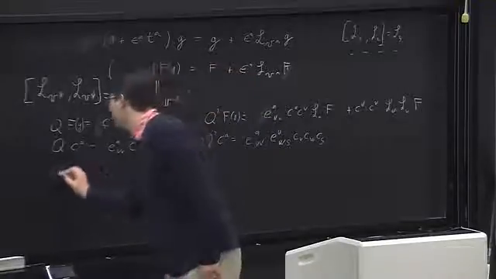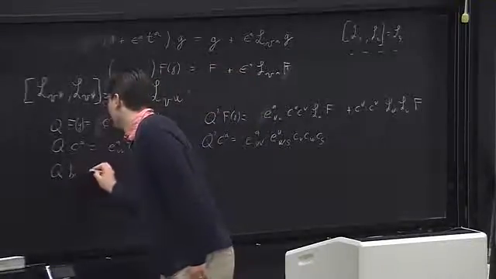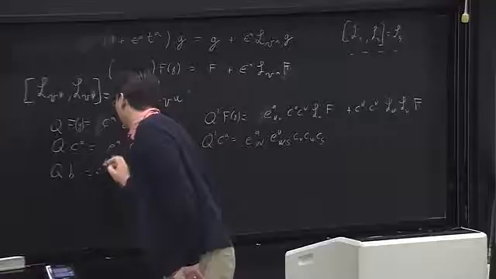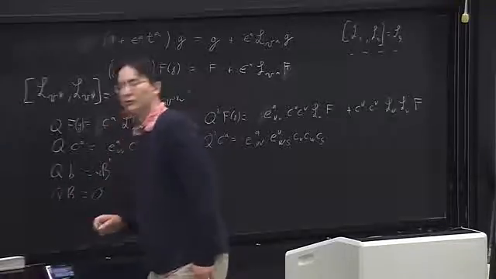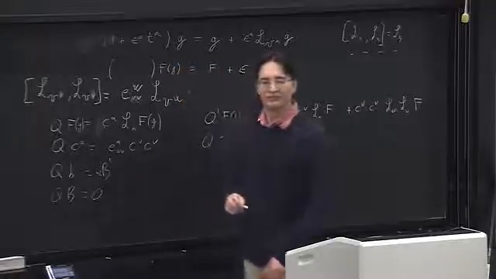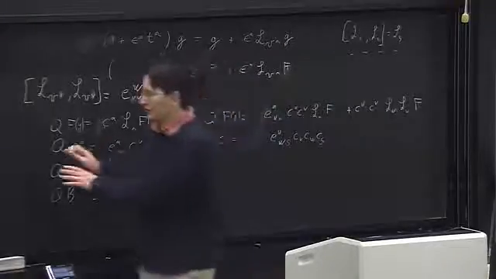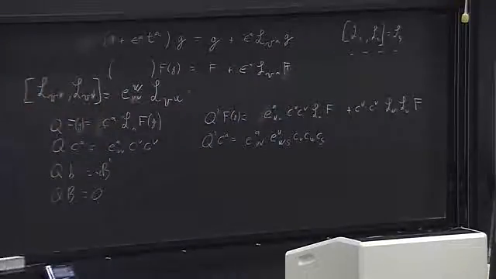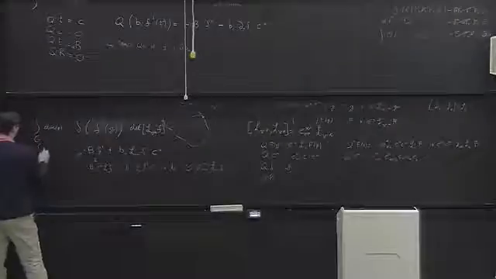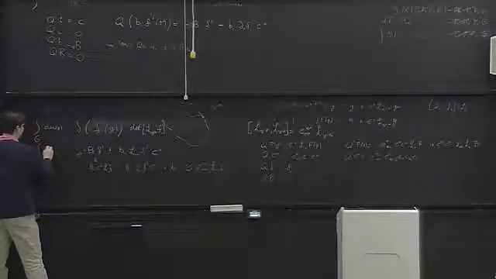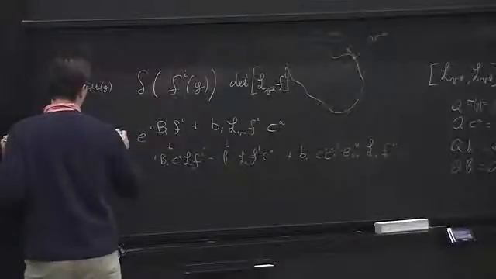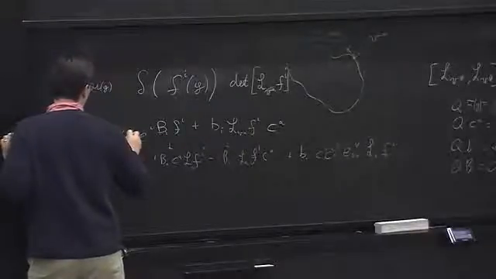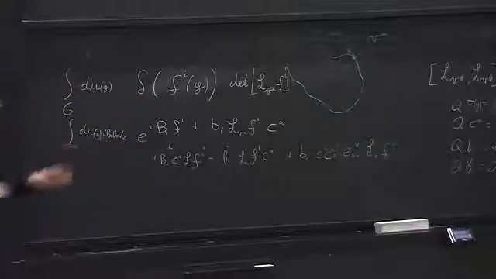And then I can just complete it in the usual way, Q b equal to capital B, and Q capital B equal to 0. Okay. So it's not so trivial anymore. It got a little bit complicated because of the non-abelian structure of the group.